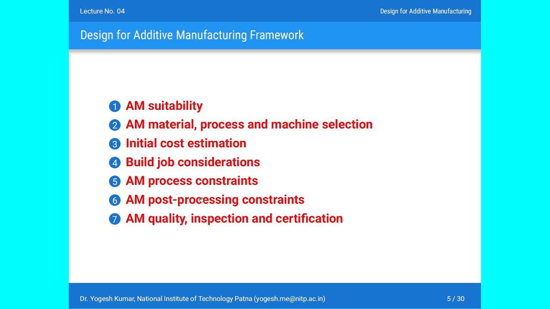There is inspection and some kind of certification if required. These are the major seven components when we are talking about the design for additive manufacturing framework or DFAM framework.